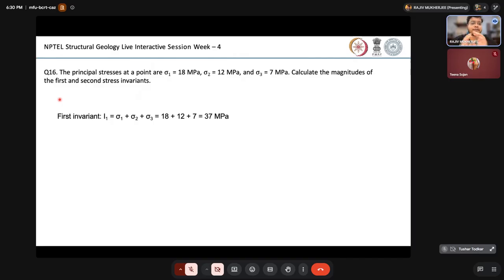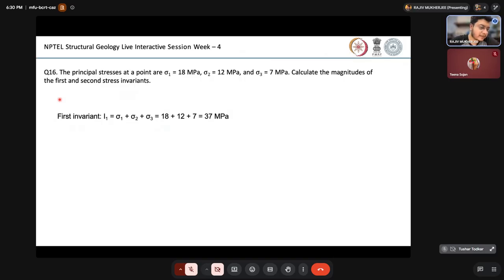So of course the first invariant will be the summation of all three principal stresses, and the second invariant is what? It is a summation of the products of the mutually perpendicular principal stresses, right?